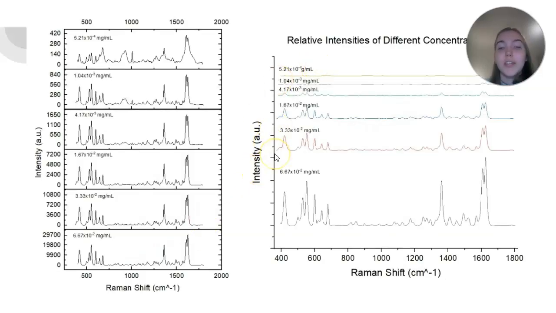These graphs show very clearly that the spectra decrease in relative intensity as concentration decreases, but it does maintain its shape, its molecular fingerprint that can be used to identify the molecules. So the PCN is always identifiable.